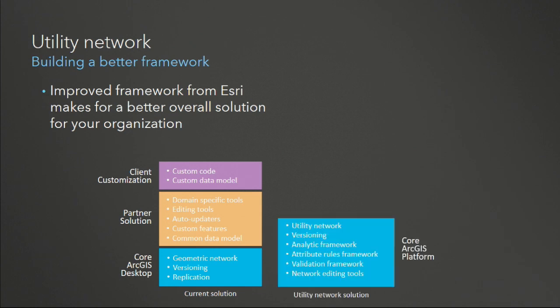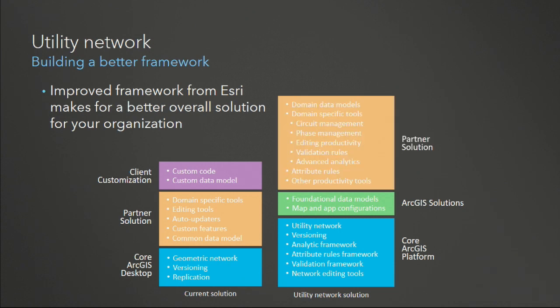Now, what we're trying to do today is expand the core ArcGIS platform to include both the network model as well as versioning, as well as analytical frameworks, attribute rule frameworks, validation frameworks, better network editing tools. That's going to be all part of core. On top of that, the solutions team will be creating some foundational data models. You can see those today on the solution pages, as well as better collections of map and app configurations that you can download and utilize.